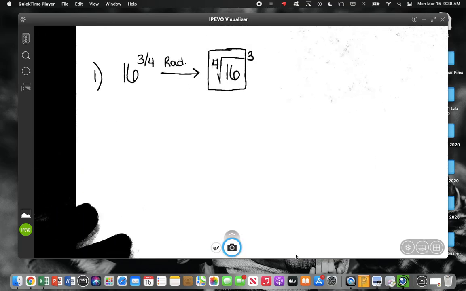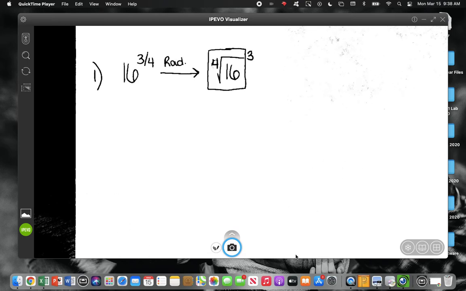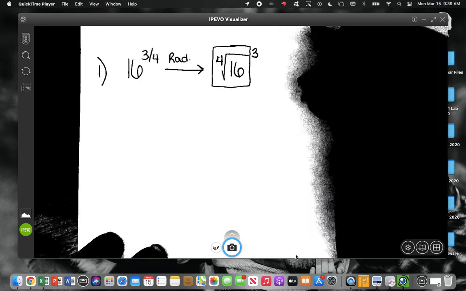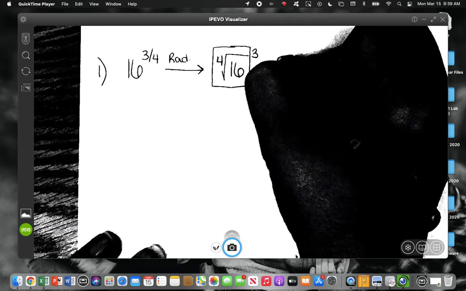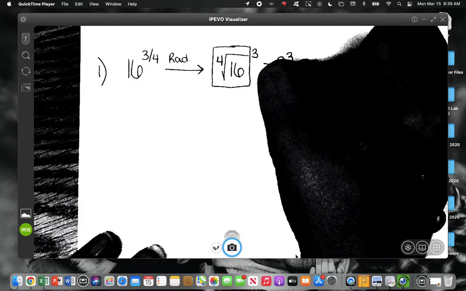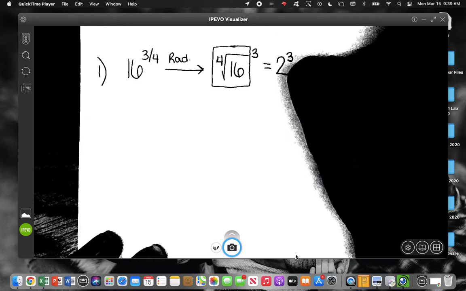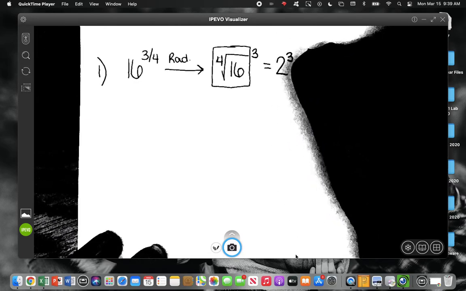Do you guys know what the 4th root of 16 is? I'm going to say it's not 4, because would 4 times 4 times 4 times 4 be equal to 16? All right, Ian thinks it's 2. What about 2 times 2 times 2 times 2? Would that be 16? All right, so it is 2. And then we would take 2 to the third power, which is 8. 2 times 2 times 2.